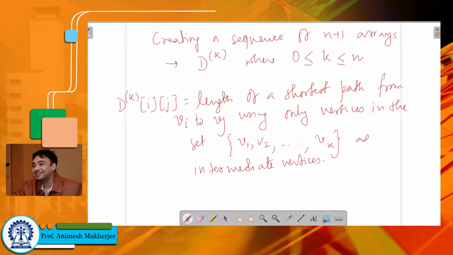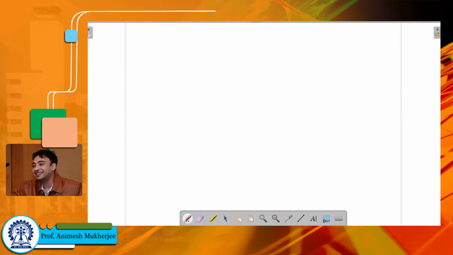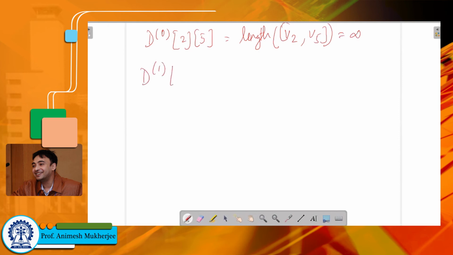So using the same graph, we can enumerate the sum of the dk's. So let us say d0 2 to 5 is the length of V2 to V5. This is infinity since there is no edge. Now d1 2 to 5.